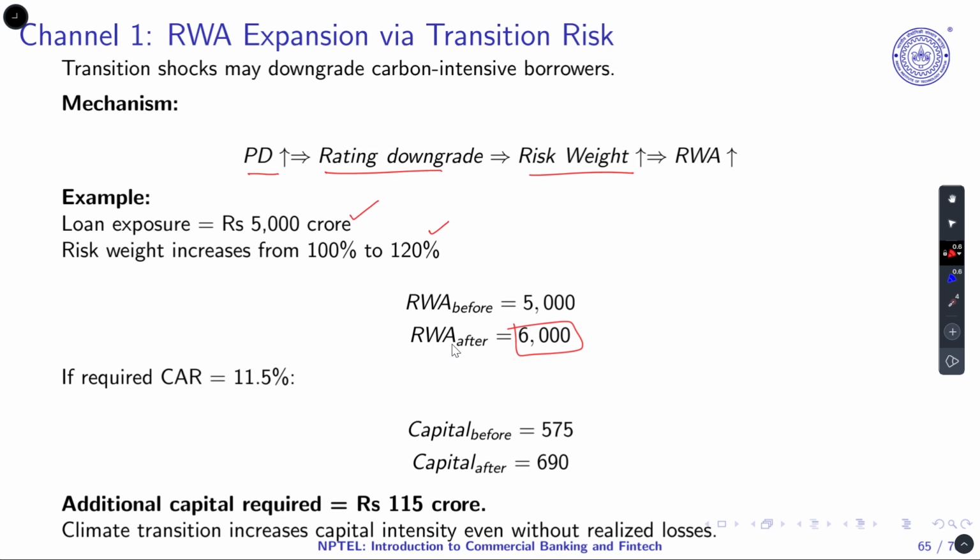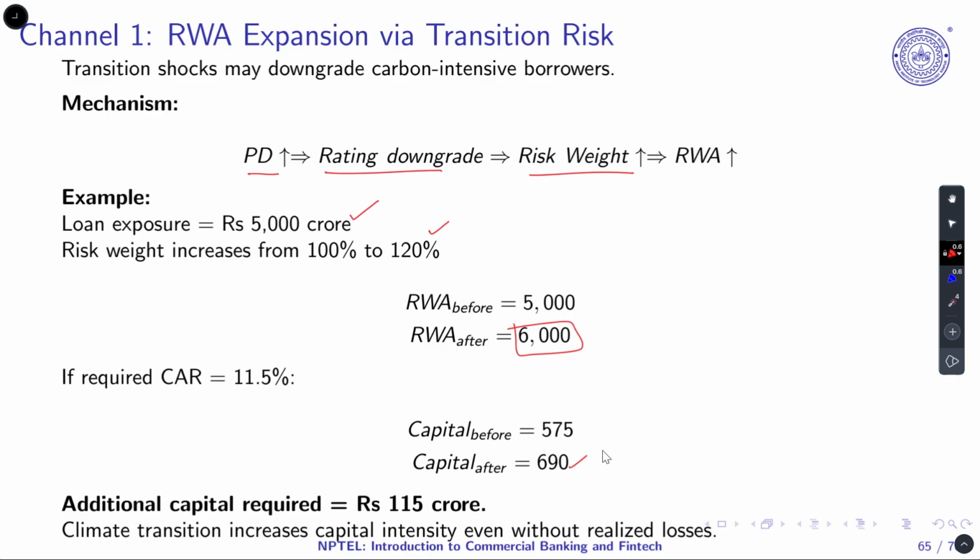If the CAR is equivalent to 11.5%, then capital before is going to be 575, and capital after is going to be 690, and this is where the 11.5% of this and 11.5% of this will be added here, and this is what it overall looks like.